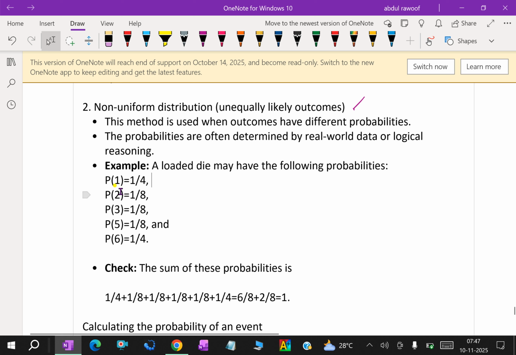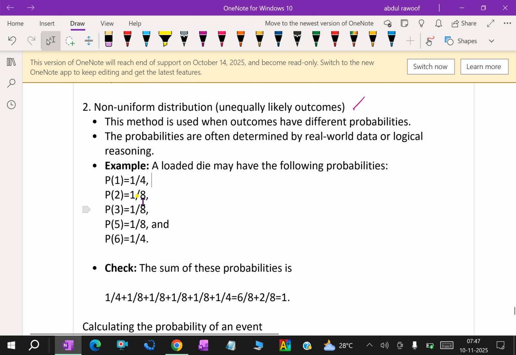P of 1, the probability of getting 1, is 1 by 4. P of 2 equals 1 over 8. P of 3 is 1 over 8. P of 5 is 1 over 8. P of 6 is 1 over 4. Here, P of 1 and P of 6 have equal probabilities, and P of 2, P of 3, P of 5 also have equal probabilities. That means getting 1 or 6 is more likely than getting 2, 3, 5.